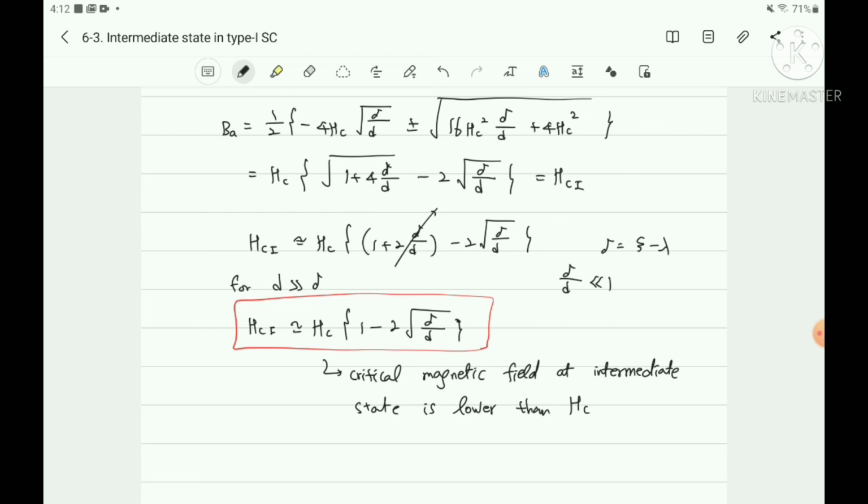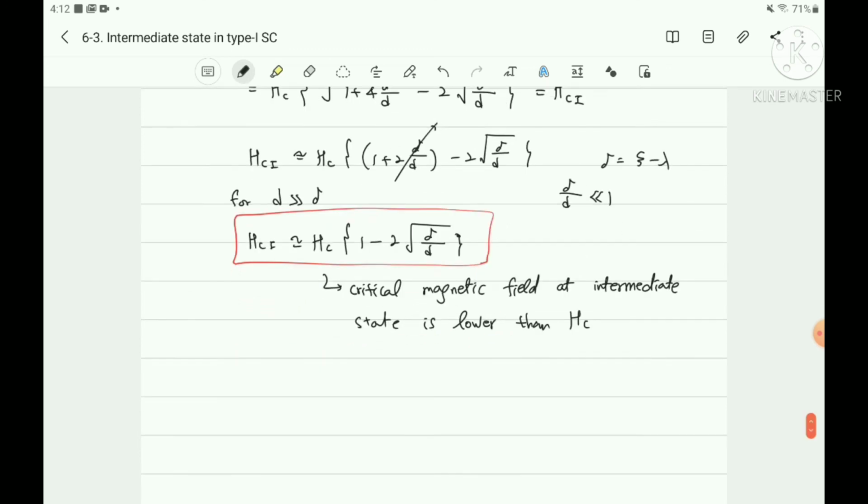For an infinite slab, Hc breaks the superconducting state of the sample as a whole, but in the intermediate state the normal state penetrates. This critical field at the intermediate stage should be lower than the critical field, because the critical field is the magnetic field to destroy the superconducting state of the entire sample. It is natural to understand.